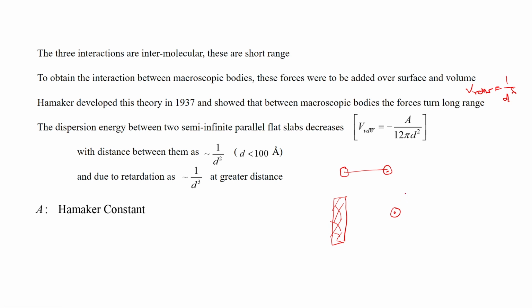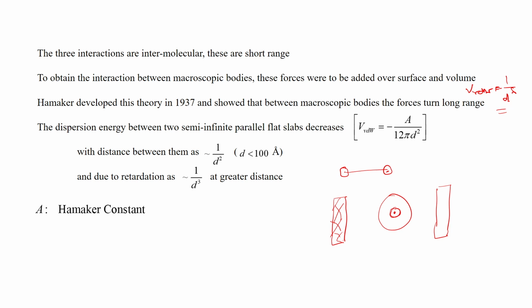But now when you further integrate, instead of having a point molecule, let us say it is a sphere, or another macroscopic body, you need to do further integration. So, the exponent on d further decreases, and that way this force then acts over a longer range.